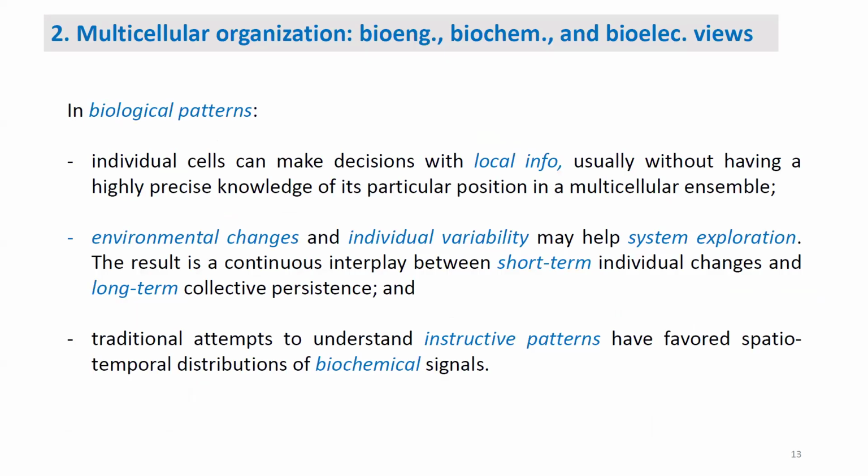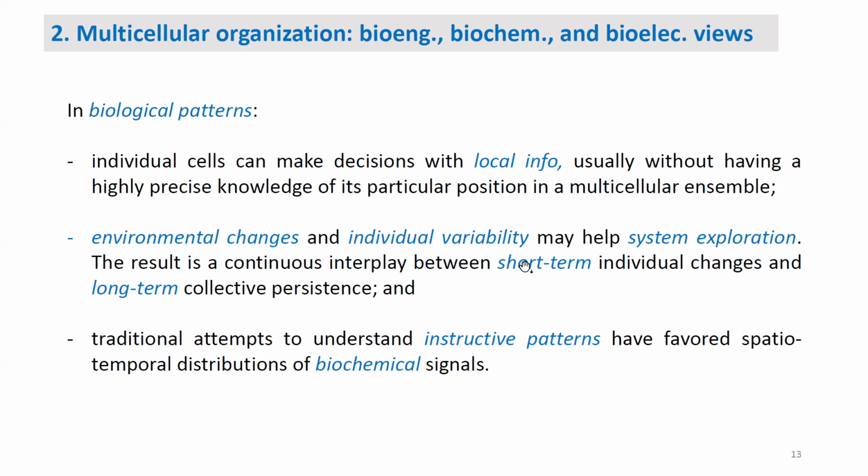Moving to the case of biological patterns, it is quite surprising for applied physicists like Javier and me that cells can make decisions with only local information. I mean, it's a sort of interplay between short-term and long-term collective persistence.